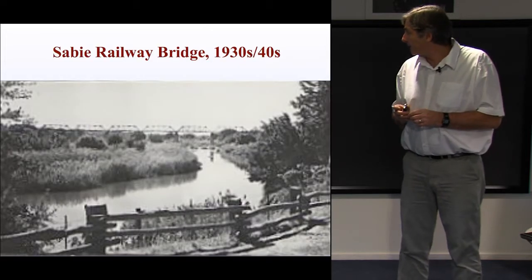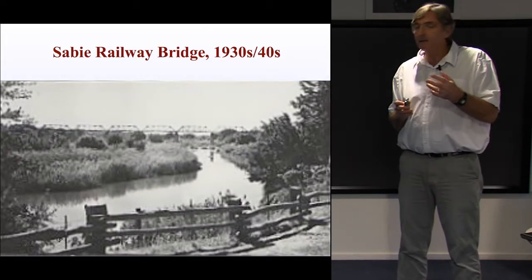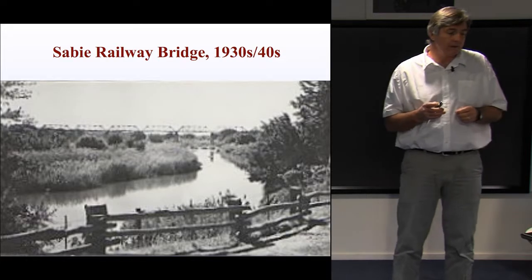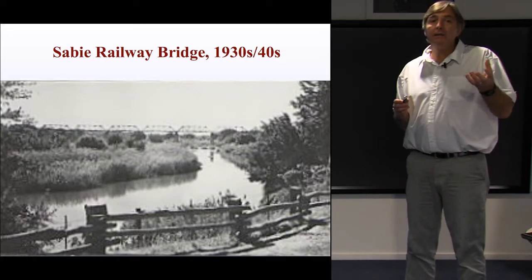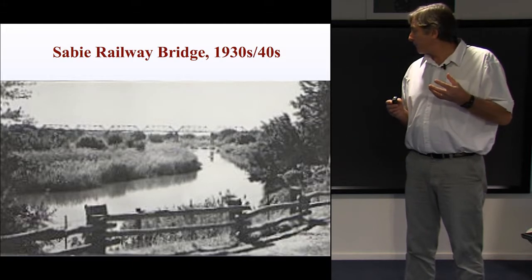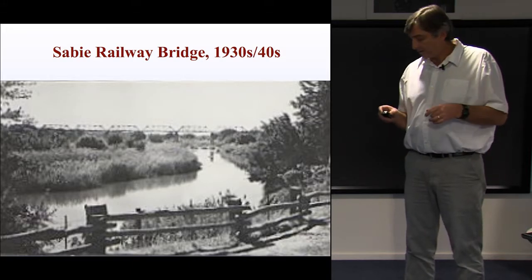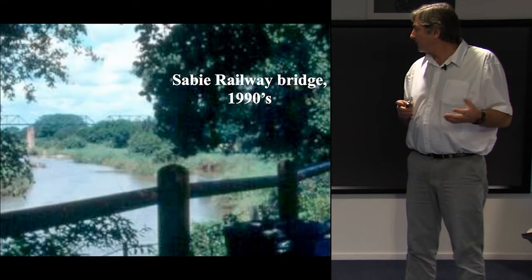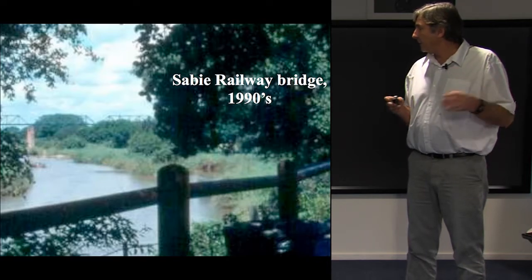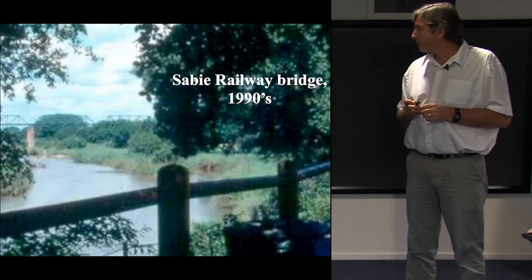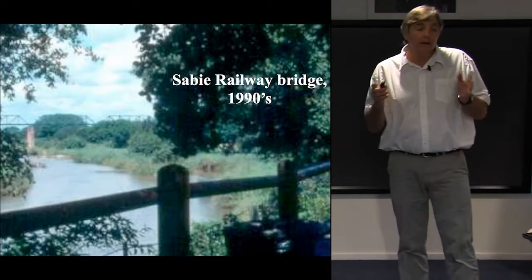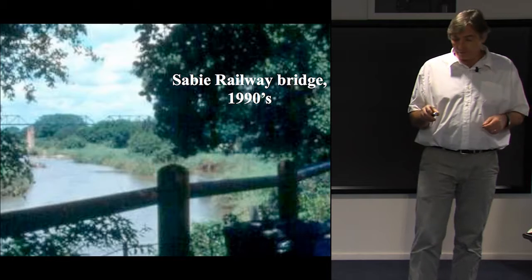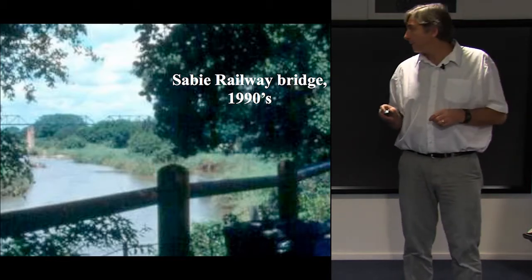Okay, then if you look in the 1930s and 40s, again the Sabie Railway Bridge giving us the framework, you can see that once again the very extensive reed beds have come back, the riparian vegetation has grown up again, and if we go to the 1990s, still a similar sort of condition, with the river quite constricted, a lot of deposition and a lot of reed growth.